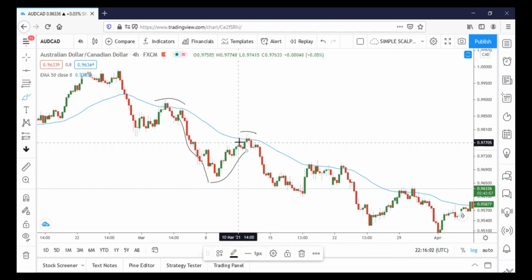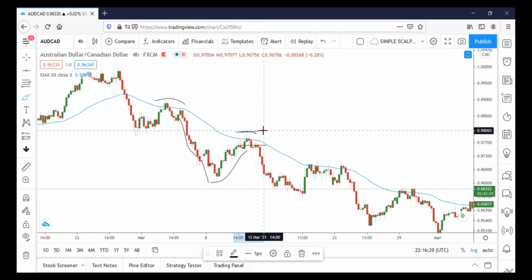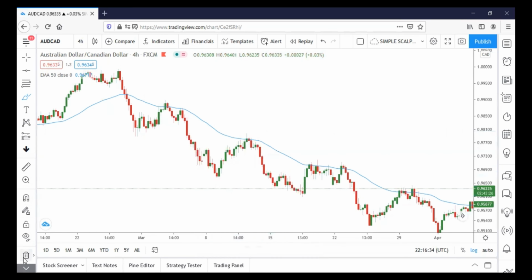You're waiting for a bearish inside bar, a bearish engulfing, pin bar, and all of that before you take your trade. Then your stop loss is going to be above the last high, while your take profit is going to be the last low. I hope this is clear, guys. That is how you take a trade with the 50 EMA.